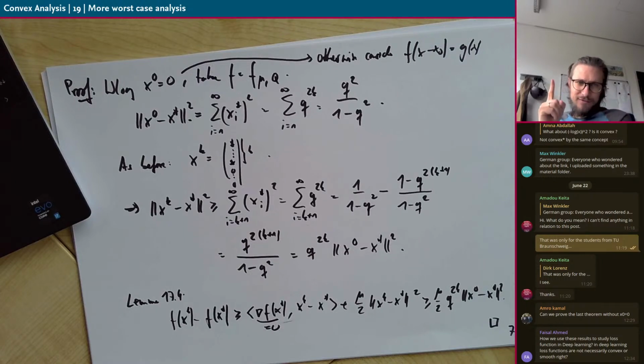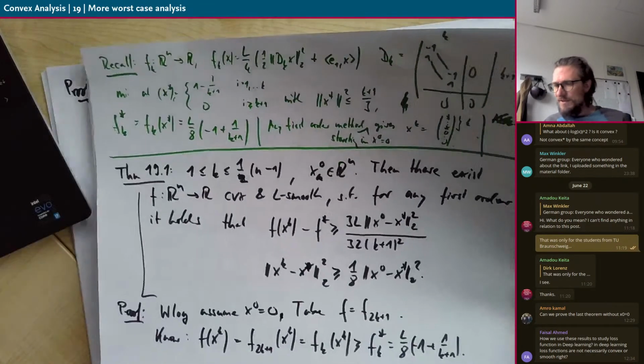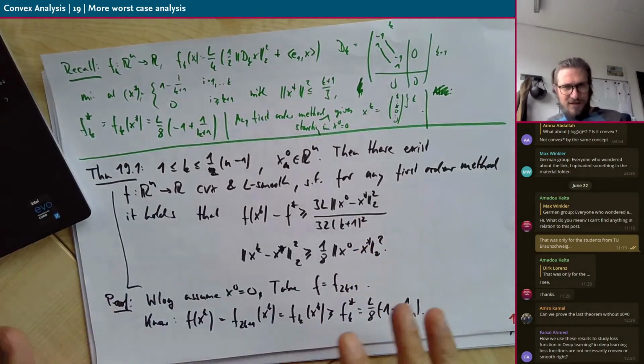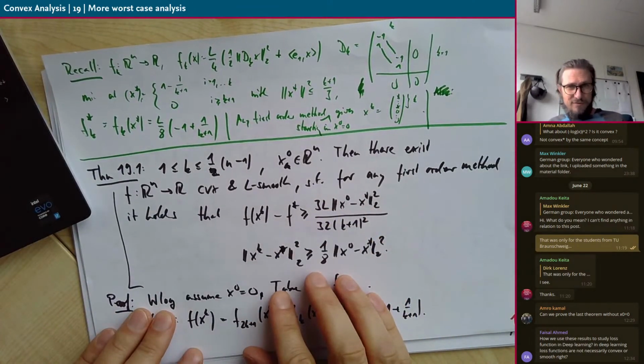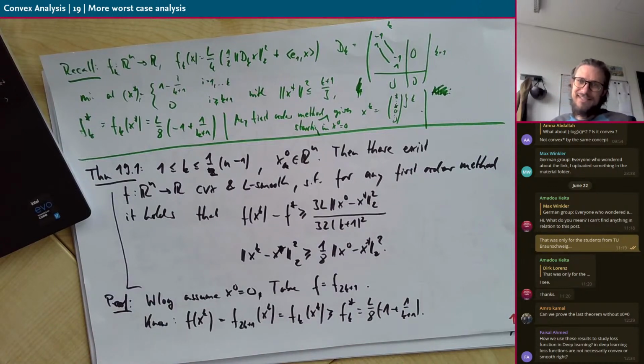But one thing is clear: minimizing non-convex functions is of course not simpler than minimizing convex functions. So all the lower bounds which we derived here also apply to the non-convex case in general, because the problems may just be much harder. These lower bounds tell you that in the non-convex case you will not be able to beat this uniform bound. It's just impossible, because the convex case is a special case.